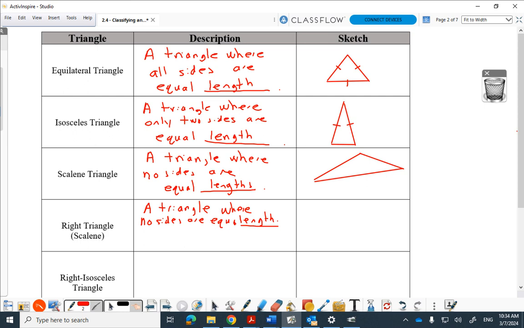A 90-degree angle. That would be the definition you know, okay? How can I take that information with a 90-degree angle and relate that to what we're doing and how we're looking at it? I'm not changing what it is. I'm just adding on to it. If it's a 90-degree angle, what relationship will be going on there between the two sides?